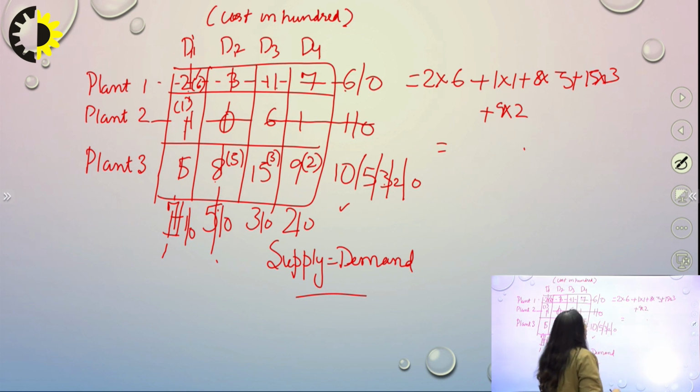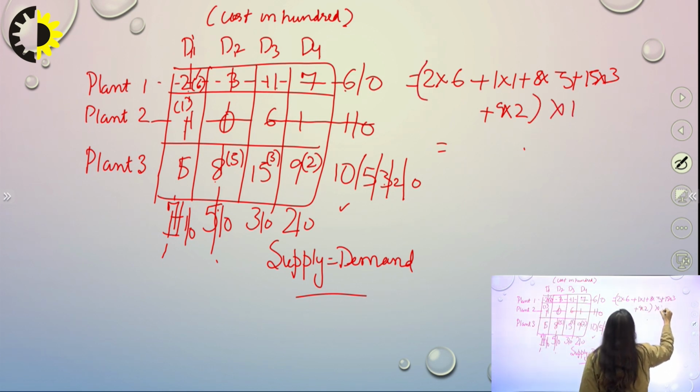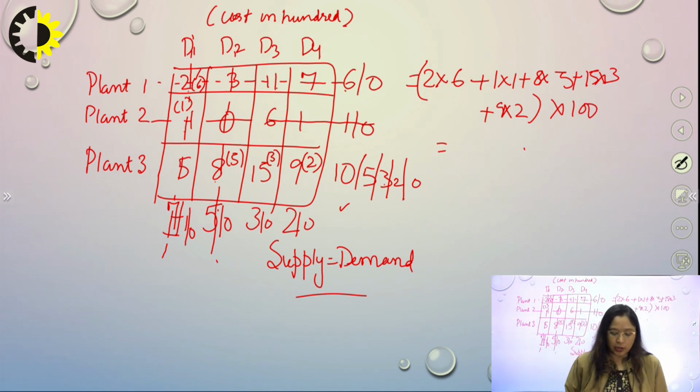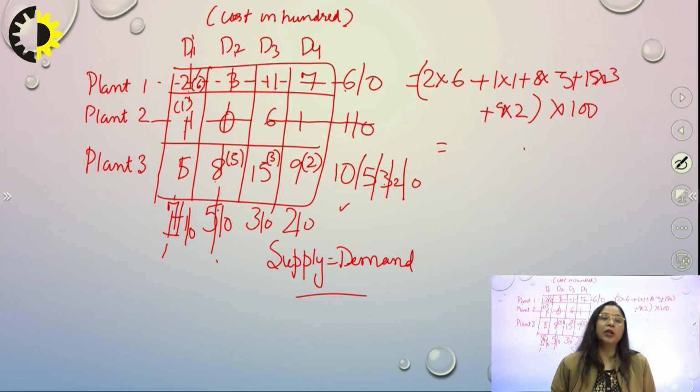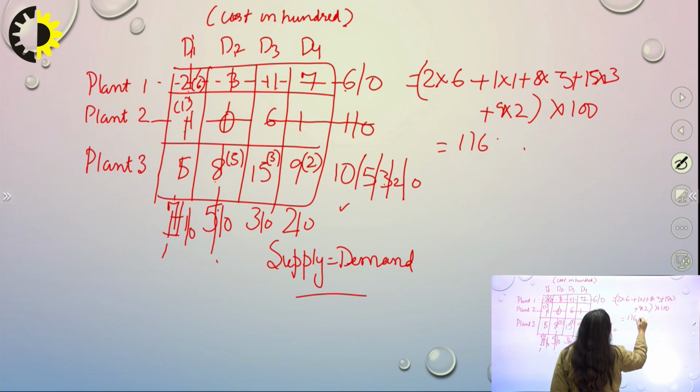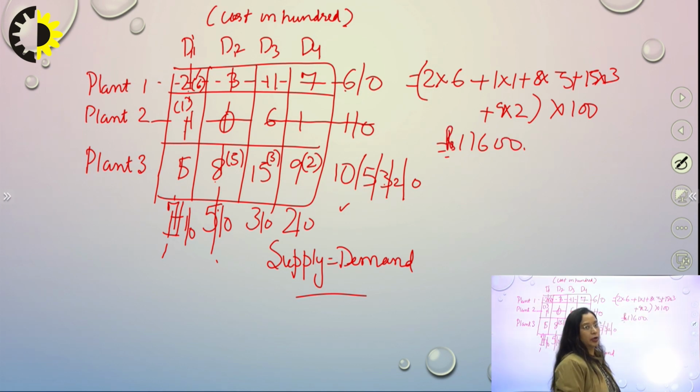So, here our sum comes out to be, since it is in 100, so we will multiply it by 100. So, our sum comes out to be near about 11600 rupees. 11600. This is the northwest corner method.